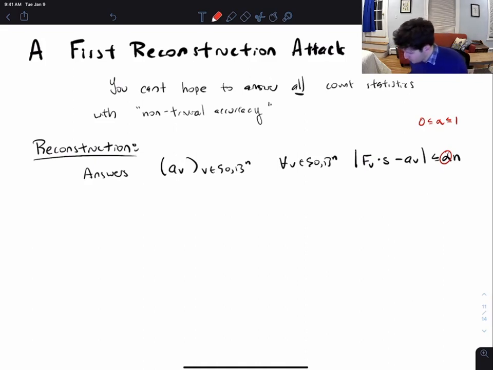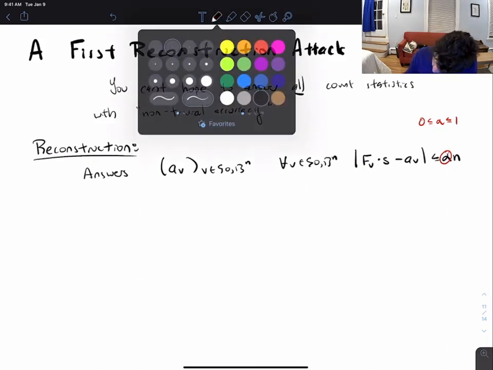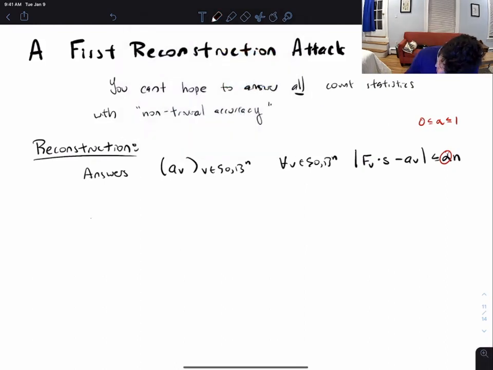Okay, so those are my answers, and then to reconstruct, what I'm going to do is choose any candidate set of secrets that are consistent with the answers. And what does that mean?